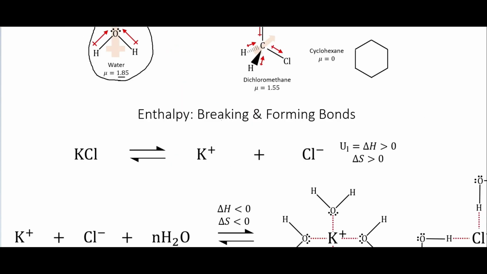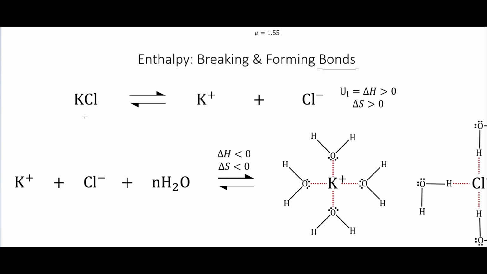All right, as I said, the enthalpy is about the breaking and forming of bonds, where the bonds can mean the intermolecular forces. Let's think of an example. If we have potassium chloride, we are breaking it into two different ions. This is going to have a positive delta H because we have to put energy in to break these bonds.